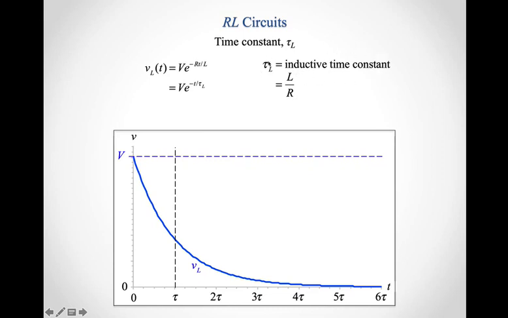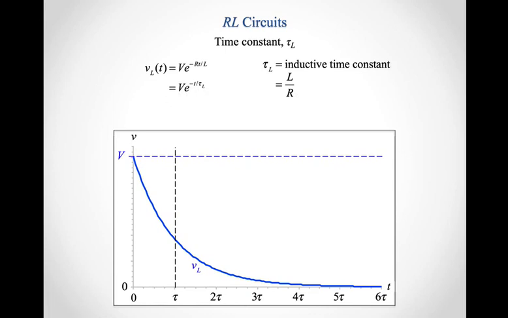So again, it gets represented by tau. Tau with an L subscript tells me that I'm talking about my inductive time constant rather than a capacitive time constant. And that's going to be equal to L over R, so I can rewrite this exponential as e to the minus t over tau.